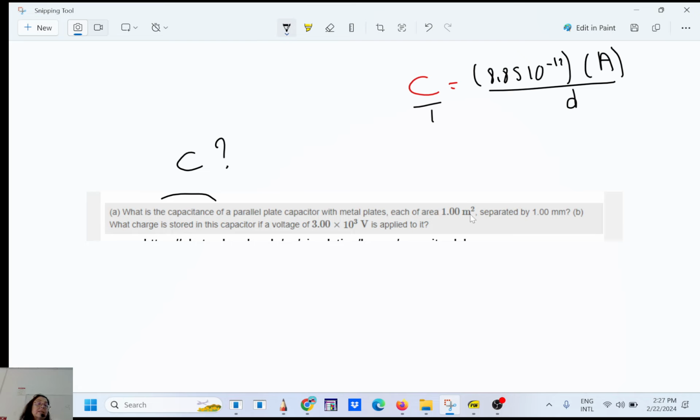When you see a distance squared, that means it's area. Here, it's just a distance, so I'm going to do d equals 10 to the negative 3 meters. And they ask how much charge, Q.